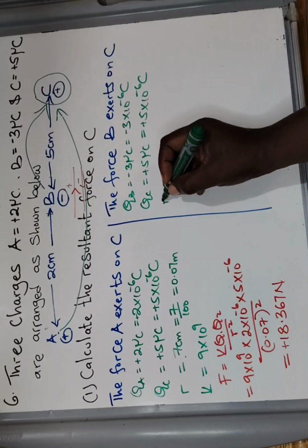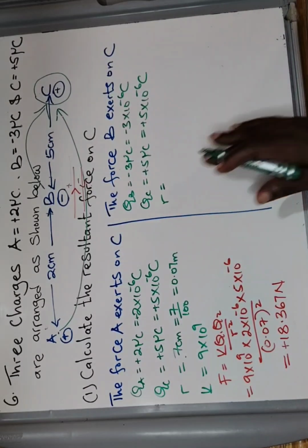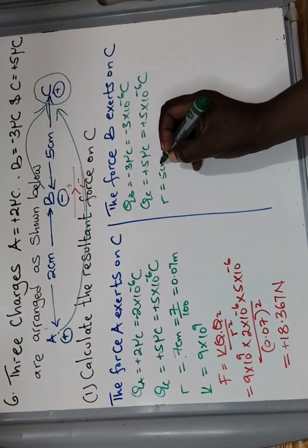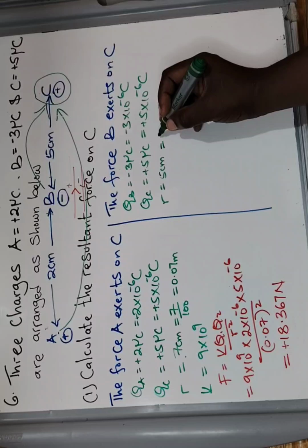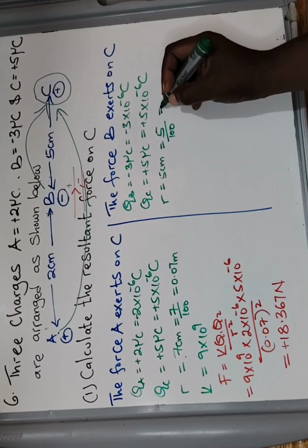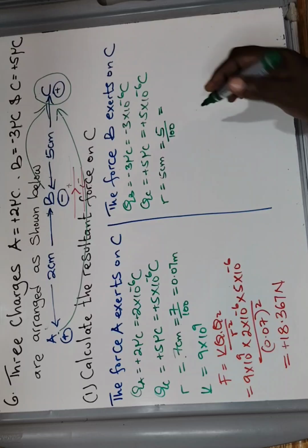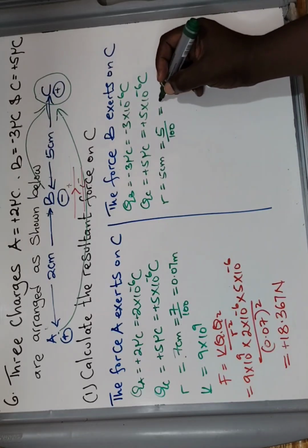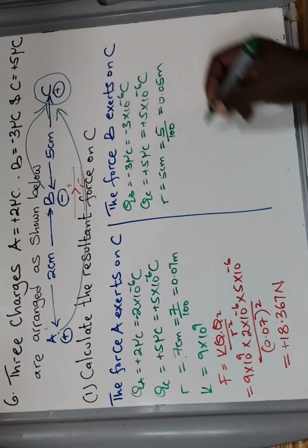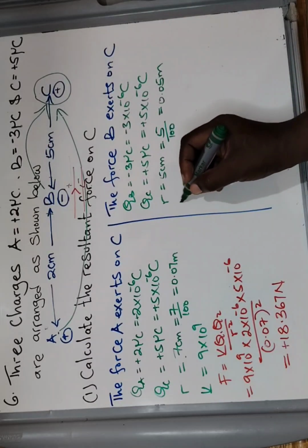Okay, then you come to R. What is our intermediate distance here? It is 5 centimeters. And you convert it to meters by dividing by 100. What do we get? You get 0.05 meters. What's missing? Our K.